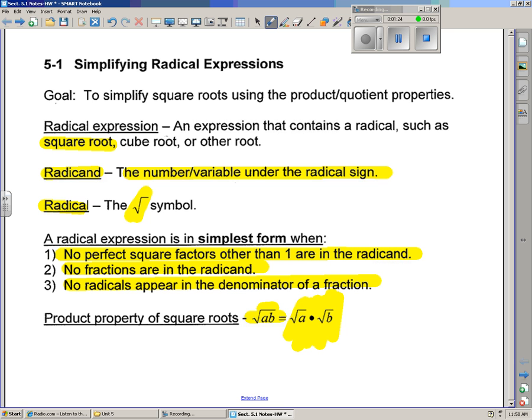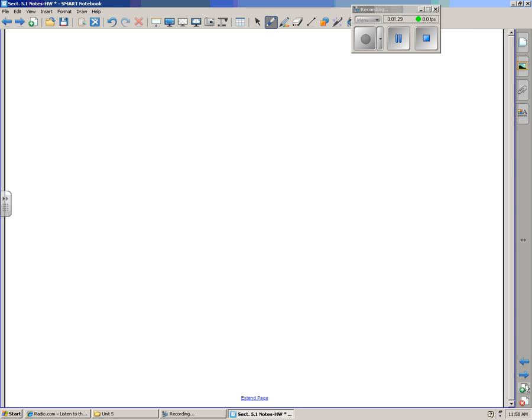One thing you've got to remember though is what all the different perfect squares are, and you should be able to count by perfect squares. So I'm going to stick a new page in here for a second. If we think about all the numbers that we count from, 1, 2, 3, 4, 5, 6, 7, 8, 9, I'm going to stop there at 10.